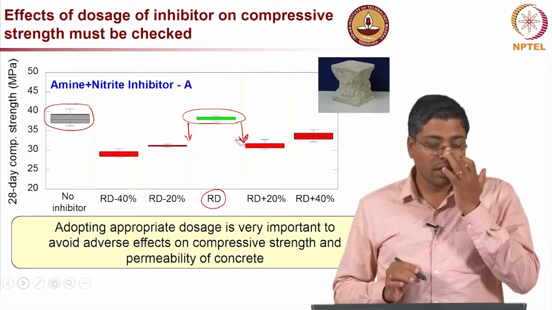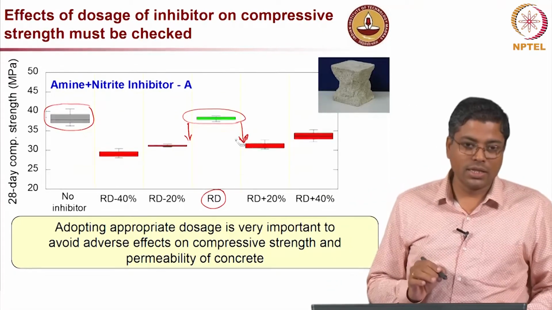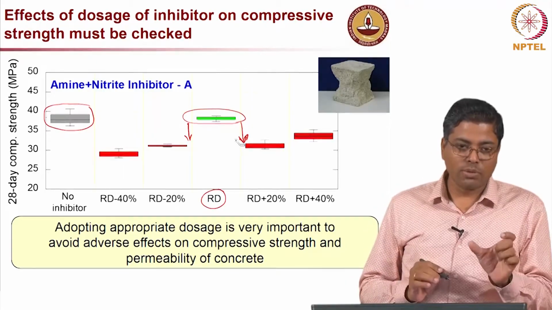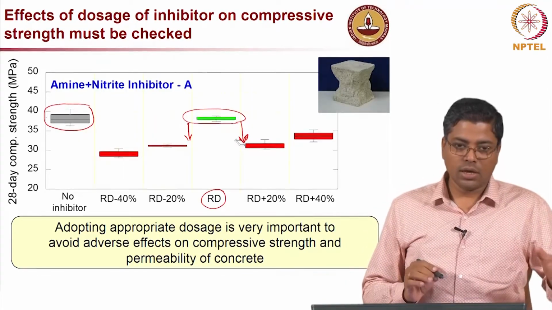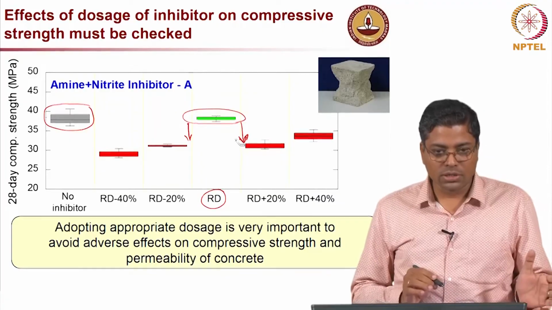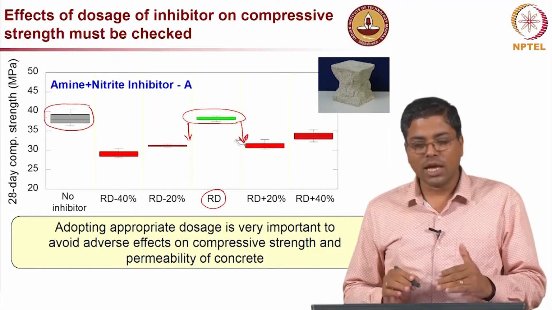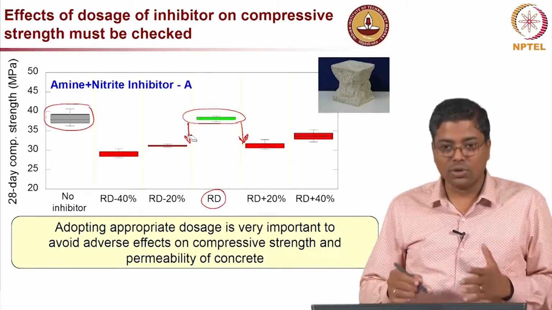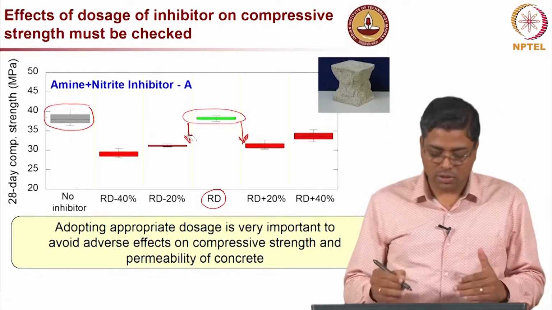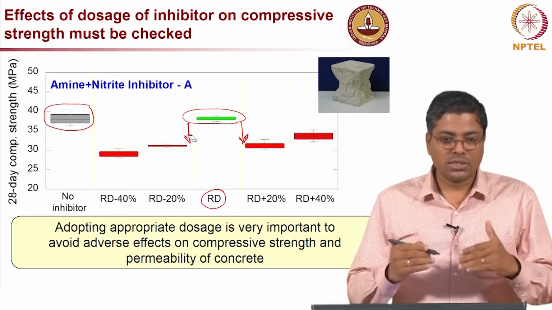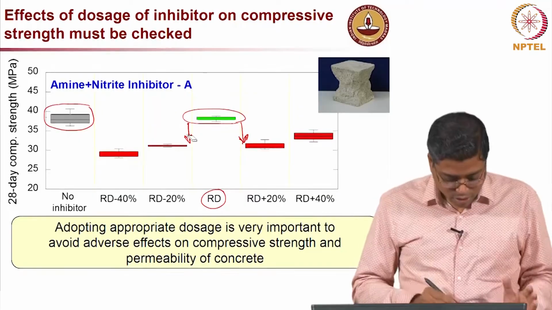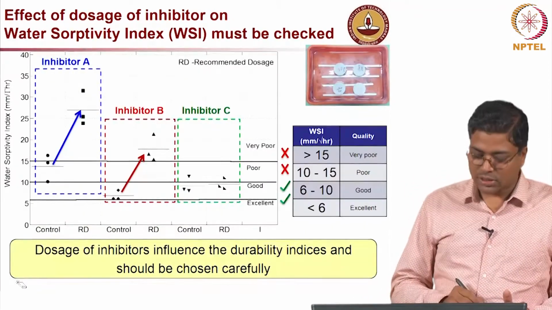So, this must be considered while designing the concrete mix. You have to consider an optimum dosage which is able to provide corrosion resistance, and at the same time sufficient strength should be available. If necessary you can over design the concrete and make sure that the mix after the addition of the corrosion inhibitors is giving you the desired strength.